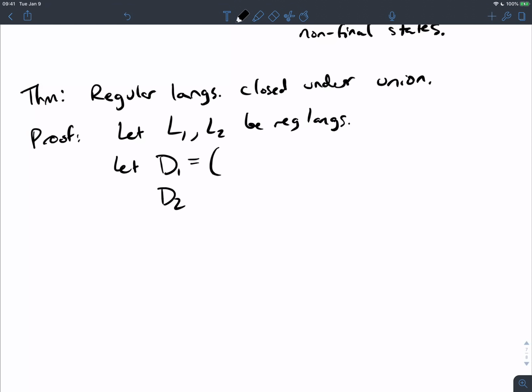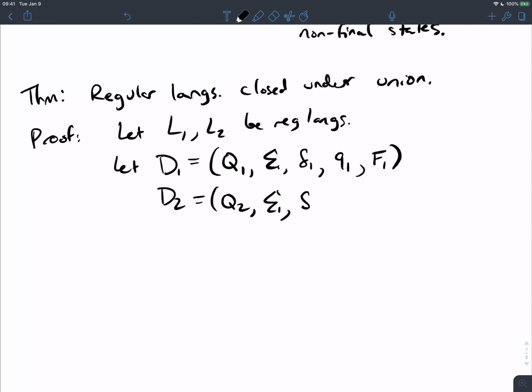So let's say Q1, same alphabet for a different reason, some transition function, some start state, some set of final states, and analogously for D2. So just give names to them because we're going to actually use them.